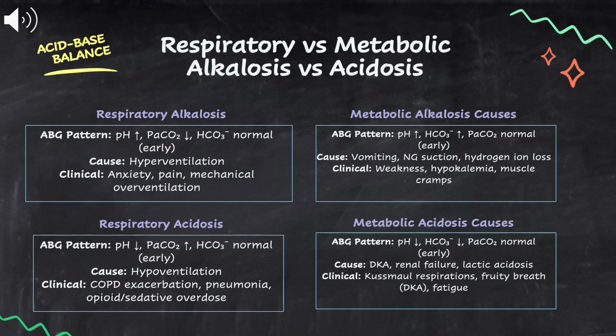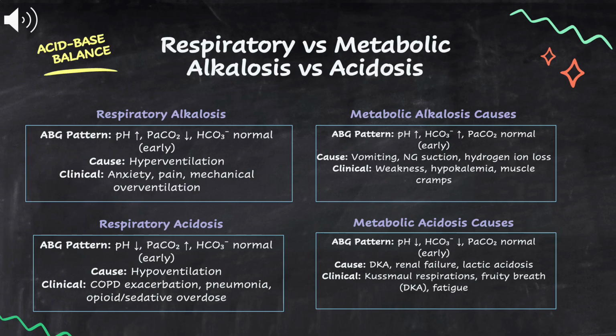Next, metabolic alkalosis. The ABG pattern shows high pH and high bicarbonate, with PaCO2 normal early. Common causes include vomiting or NG suction, which lead to hydrogen ion loss. Patients may present with weakness, hypokalemia, and muscle cramps.